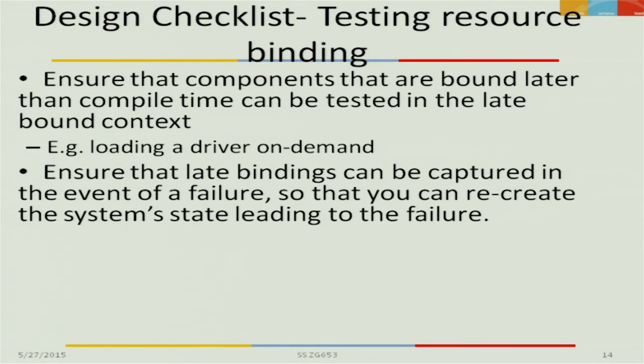Suppose that because of the late binding there are some system failures. You need to capture this scenario in the event of a failure, so that you can recreate the system state leading to the failure.